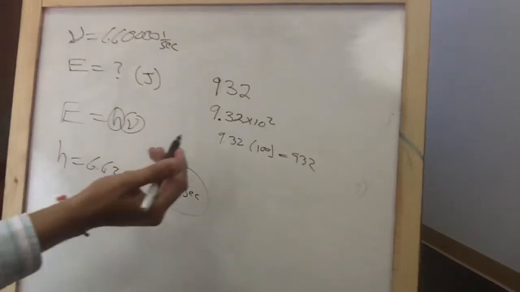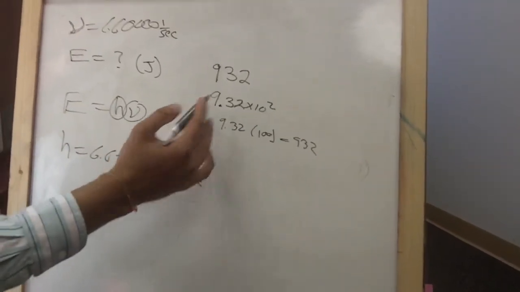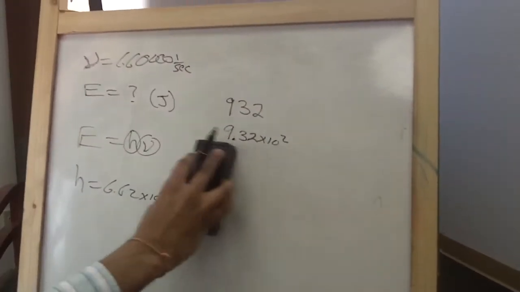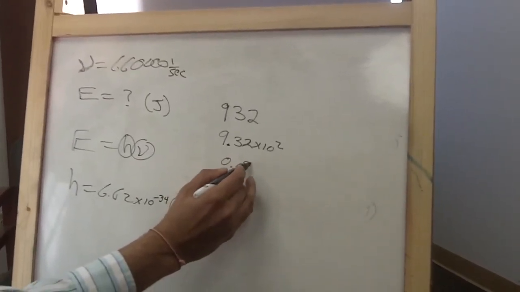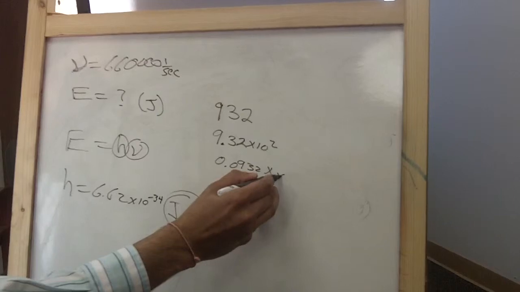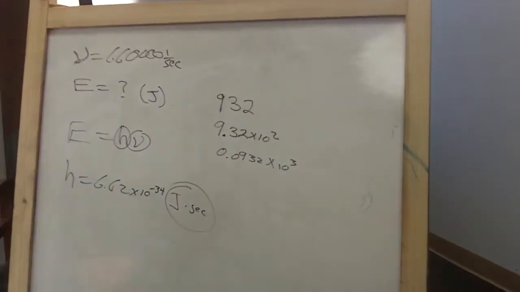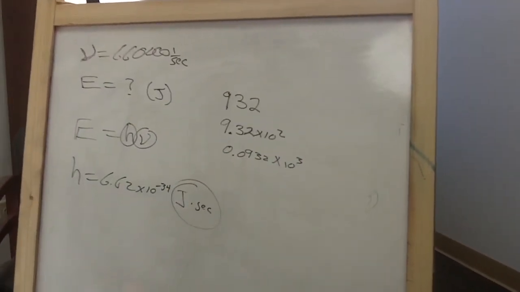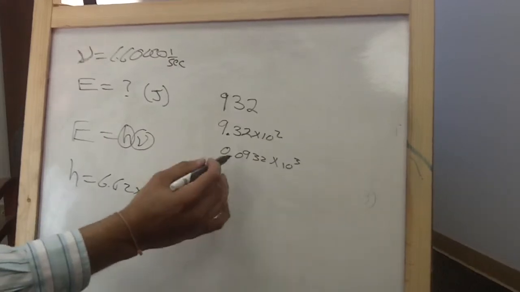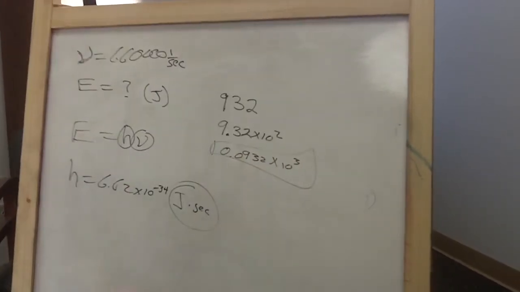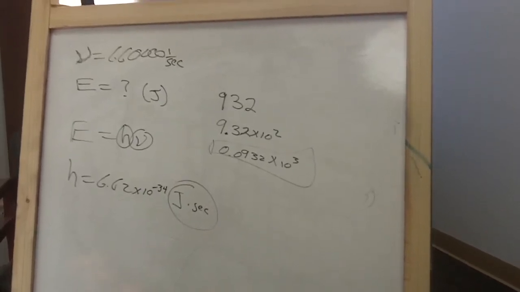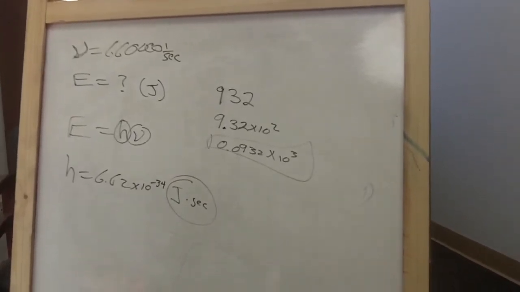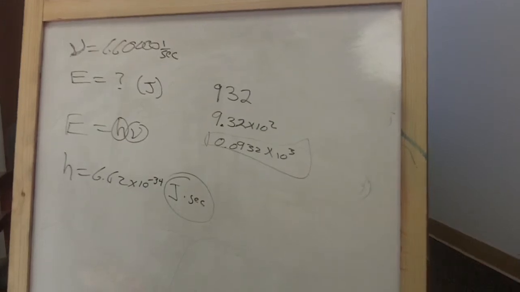Now, alternatively, you could also say, hey, I don't feel like actually working it out at some point. You could say 0.0932 times 10 to the 3. This is a weird way to write it, but they're all equivalent. Wouldn't that be times 10 to the 4th?